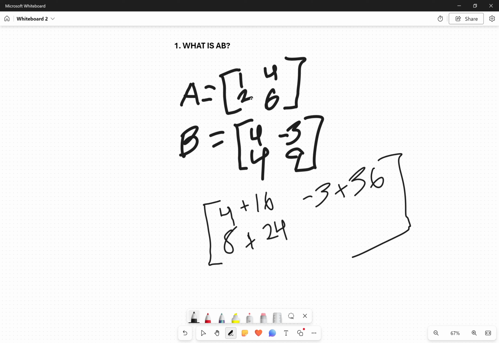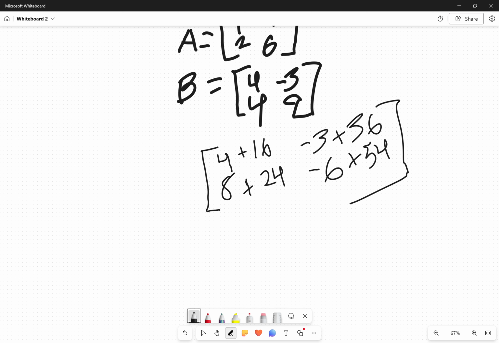And then we stick with this second row, right, because we've only done one thing with it, and we've got to go to this second column. We go 2 times negative 3 gives us minus 6, and then we have 6 times 9, and that gives us 54.